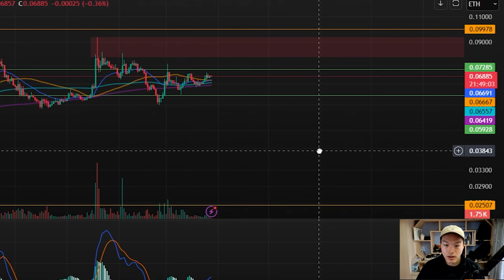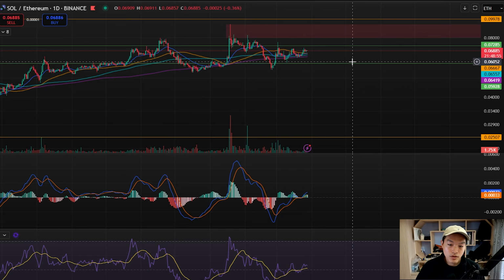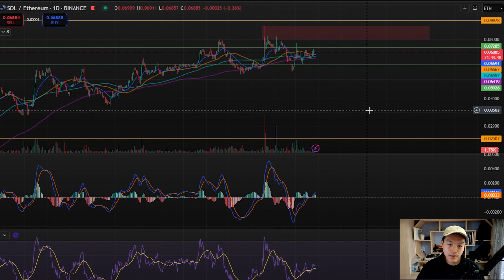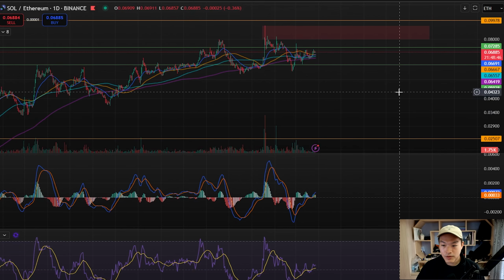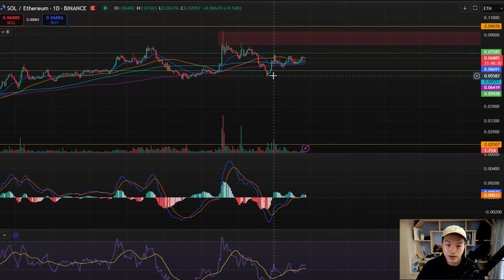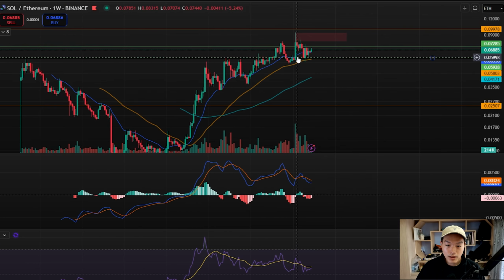The price is trading above my entry and I used ETH to enter the position. So if SOL is trading above that, I'm happy because I'm gaining more ETH. And even if it drops, I'm gaining more SOL exposure, which is fine. But if you look at the daily chart, you might think it's at a cheap price, which it was in hindsight, right? But if you zoom out, SOL is trading at quite a high premium to ETH.